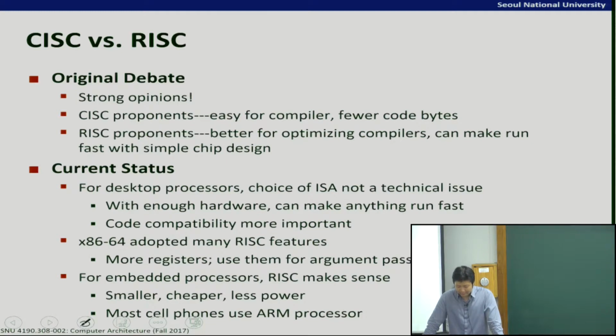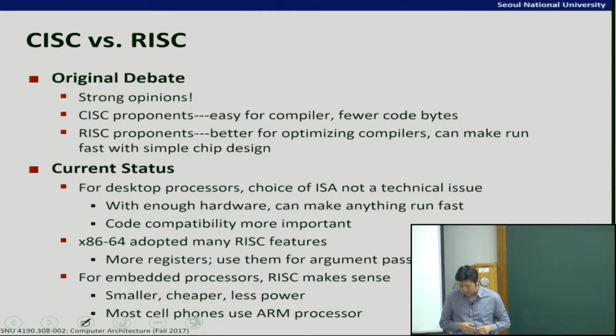So what is the current status after long debates? For desktop processors, x86 is the clear winner. x86 is a CISC architecture, and it's the clear winner. The choice of ISA is not a technical issue, but more a business issue, because legacy support and software compatibility are more important for desktops and servers.